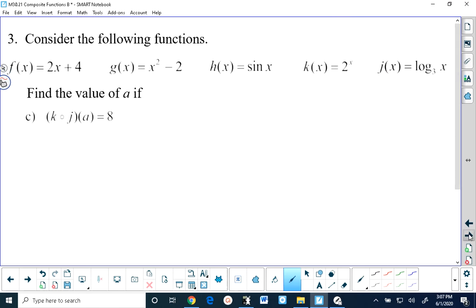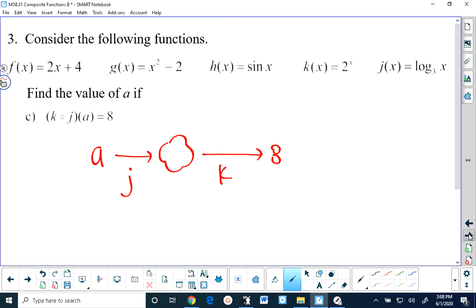The final example today. What is a if k of j of a gives you 8? So this mystery number goes into j. Something comes out, which is j of that mystery number, but it goes through k, and what comes out is the number 8.